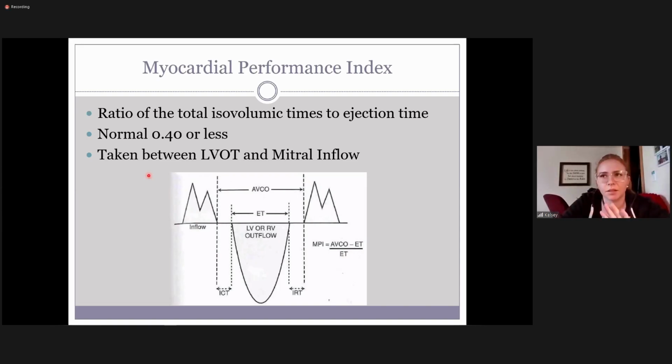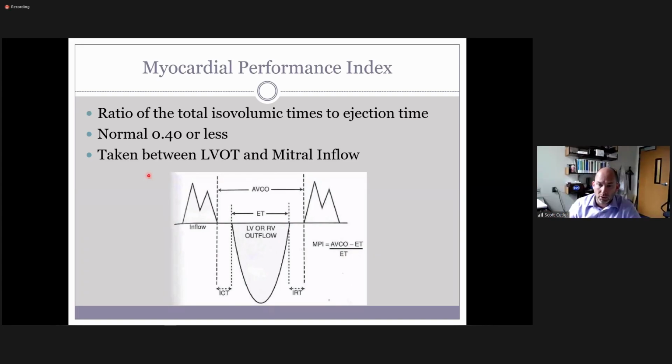Oh, right, because TDI of the annulus is a velocity versus a distance for MAPSE. Yes, correct. But there is still a correlation. The more it moves and the faster it moves, that can tell you some of that systolic function as well. But I think there's better data for the M mode of the TAPSE.